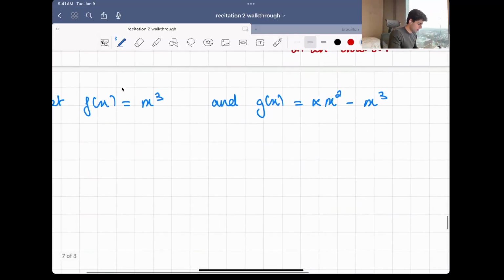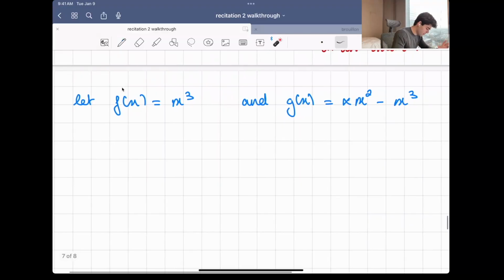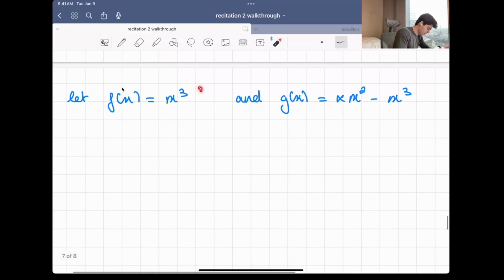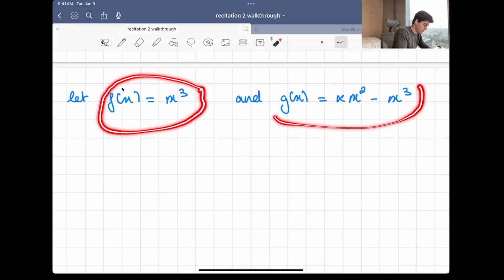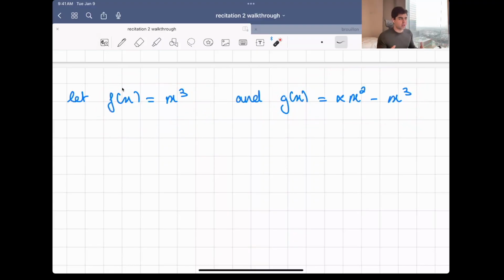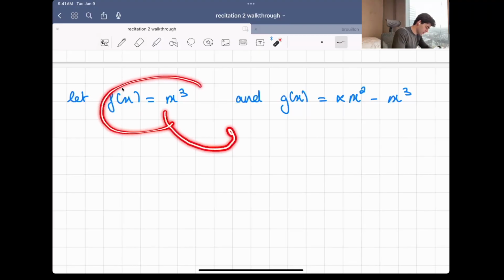Now, what did we do here? If you notice, we have these two functions which we want to be non-convex, right? Notice that the second function is defined in terms of the first.